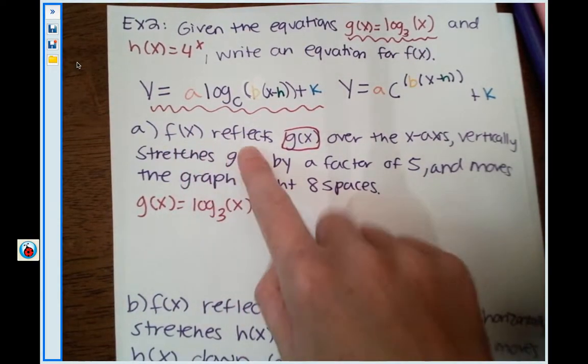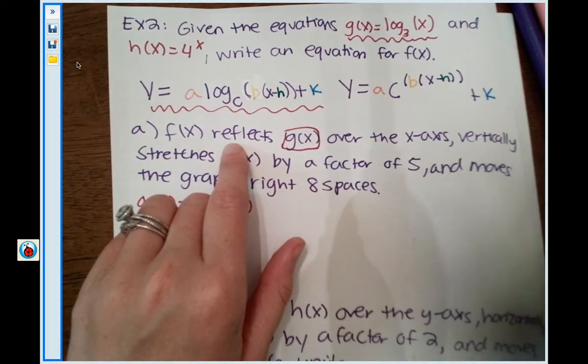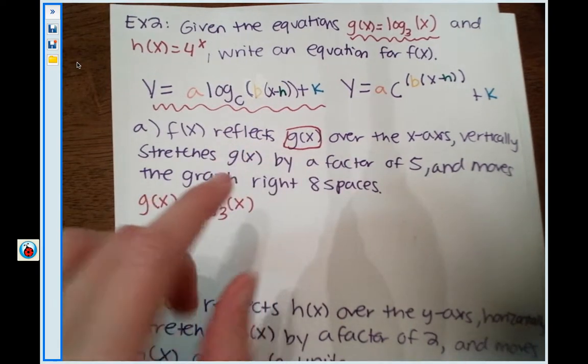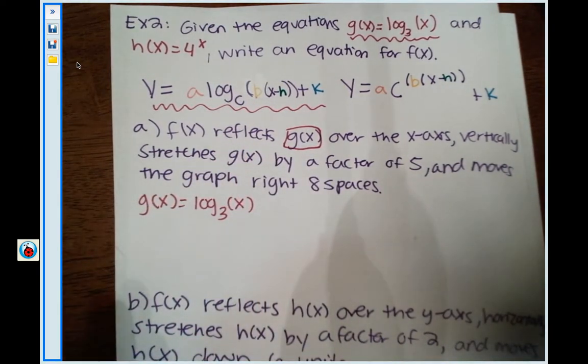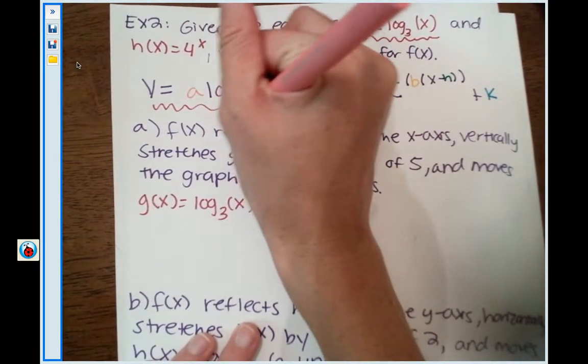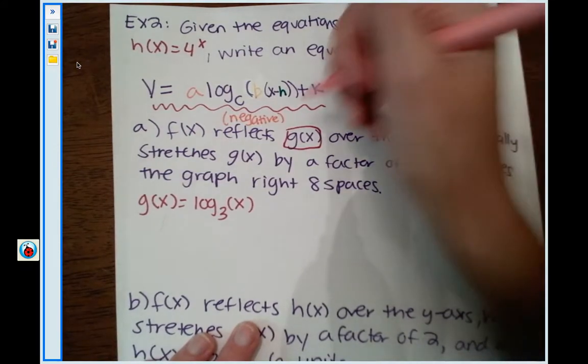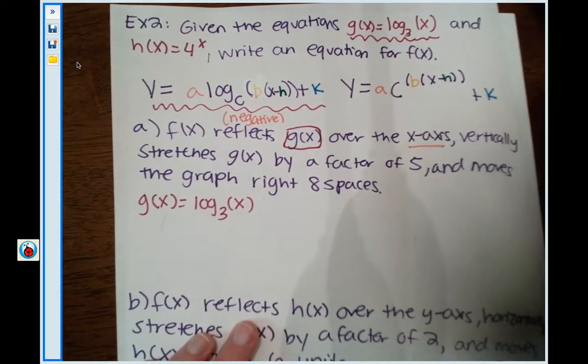It says f of x reflects g of x, so it's reflecting. Remember when we reflect things, that's usually a negative value, whether it's a reflection over the x or the y-axis. So I know it's a negative sign, so I'm going to keep that in mind. And it reflects it over the x-axis.